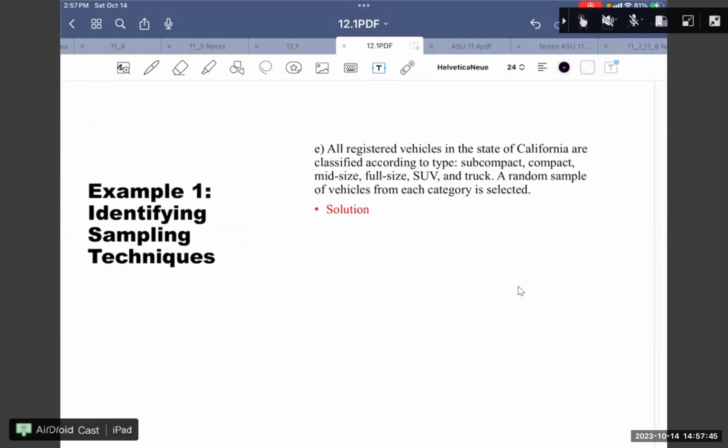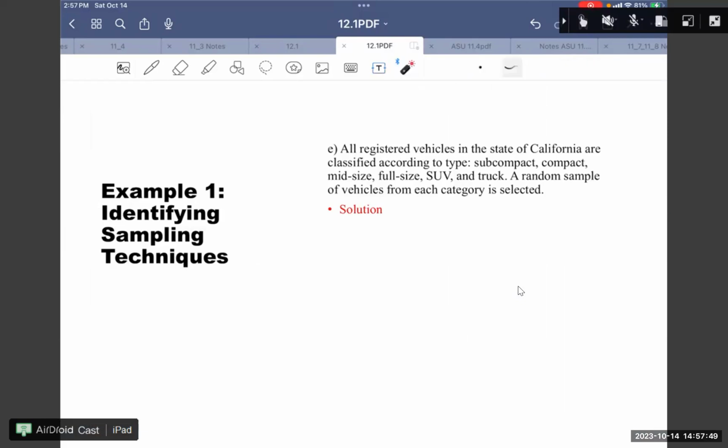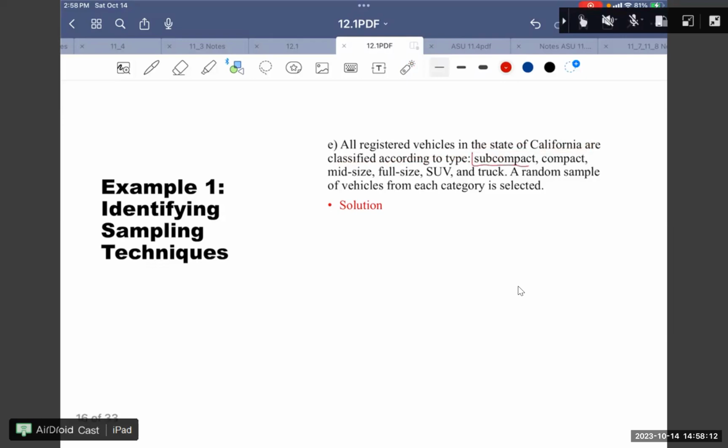Okay, another example, for E. A registered vehicle in the state of California is categorized according to type: subcompact, compact, mid-size, full-size, SUV, and truck. A random sample of the vehicles from each category is selected.